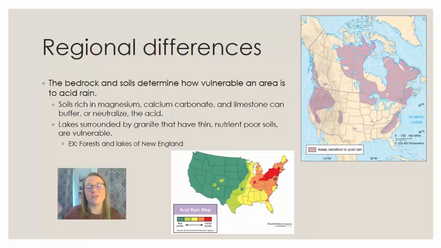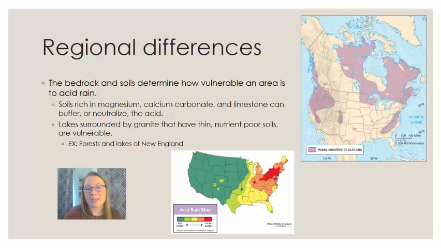Now, it's not all entirely bad news. There are some regional differences that make more places susceptible than others. The bedrock geology of a particular area determines the type of soil that is found there. We covered that back in Unit 4. These soils determine how vulnerable an area is to that acid deposition.